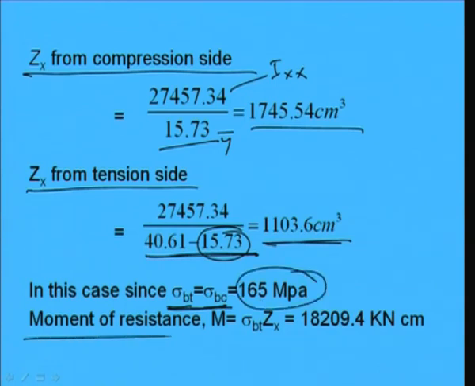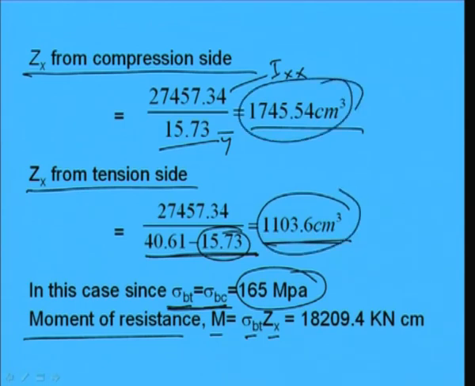So, moment of resistance will become M is equal to sigma Bt into Zx, because this is less, this is more. Okay. So, failure will be at the bottom first due to tension, right. So, M will become this, after multiplying we will get 18209.4 kilonewton centimeter or 182.094 kilonewton meter.